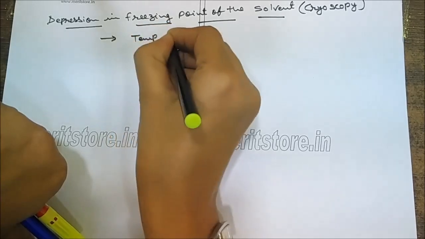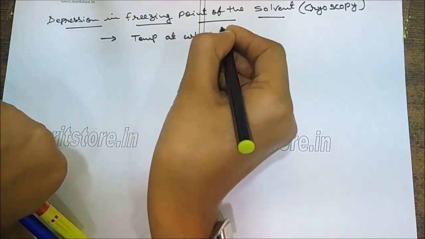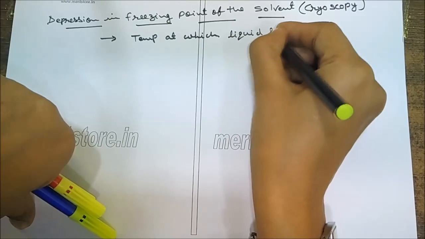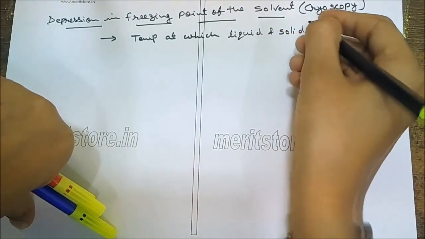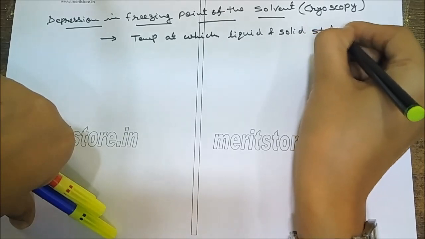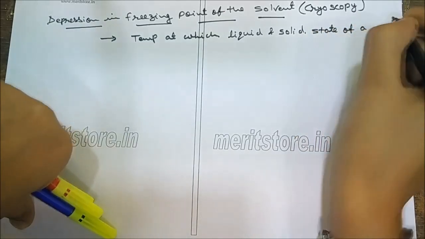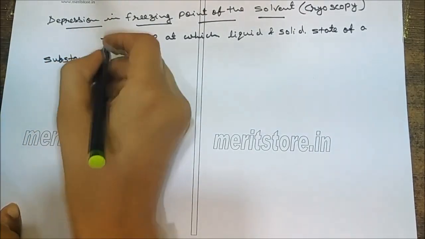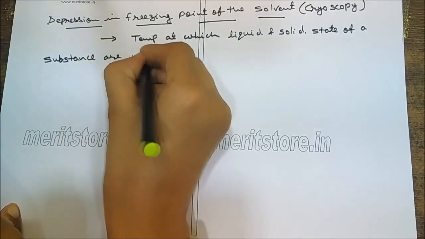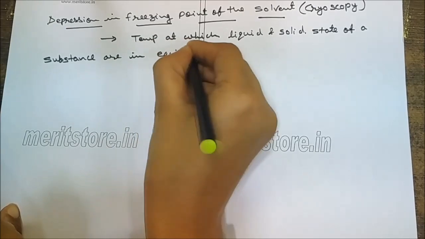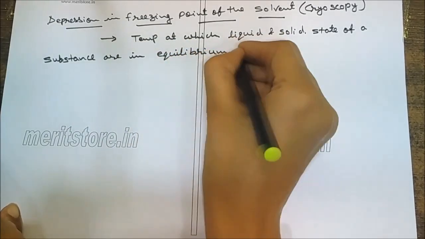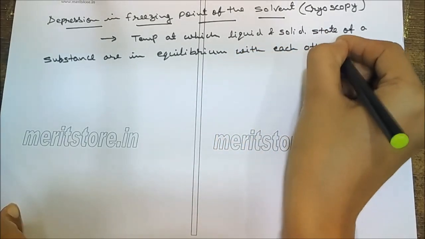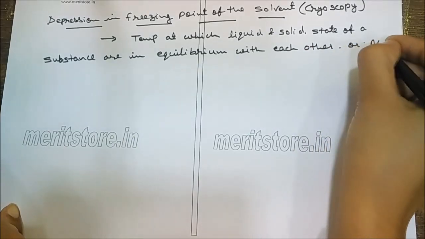The temperature at which the liquid and solid states of a substance are found in equilibrium is called its freezing point.